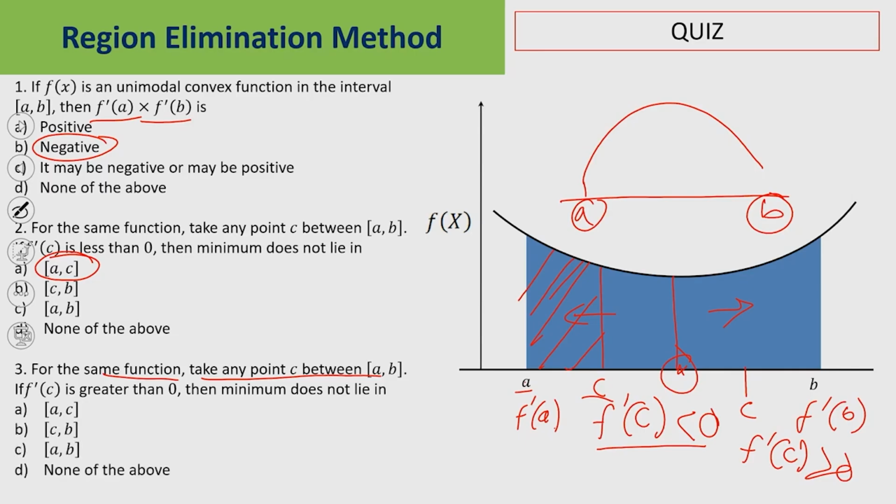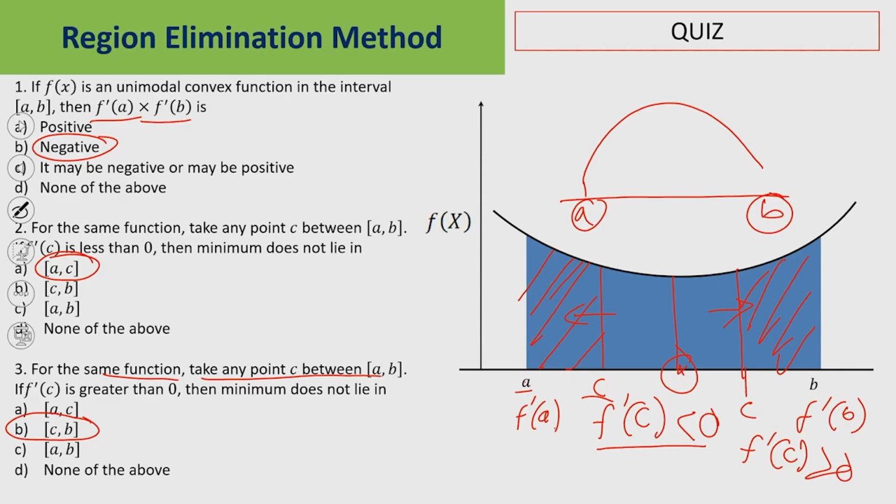Now, because this is on the other side, the minima is not there in this particular region, so you can eliminate that region, and here the answer is CB.